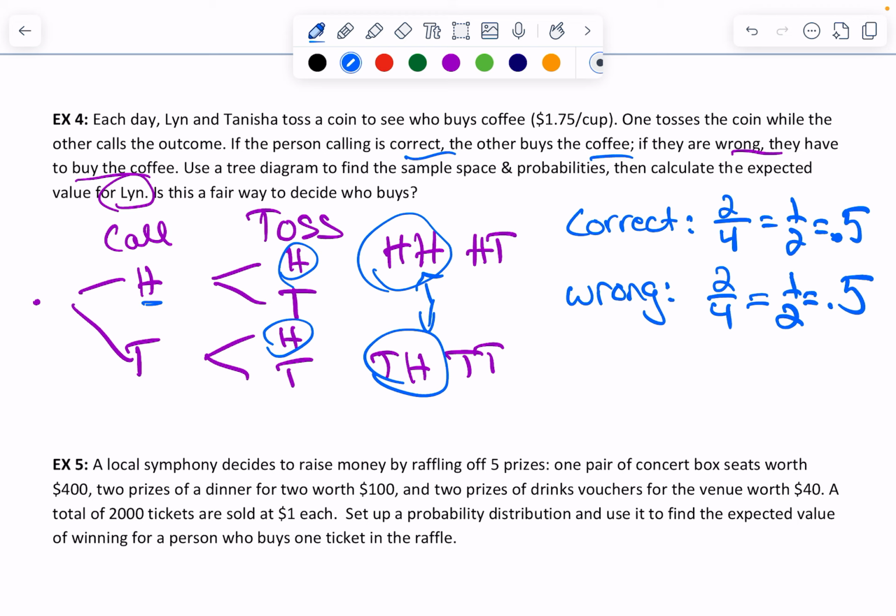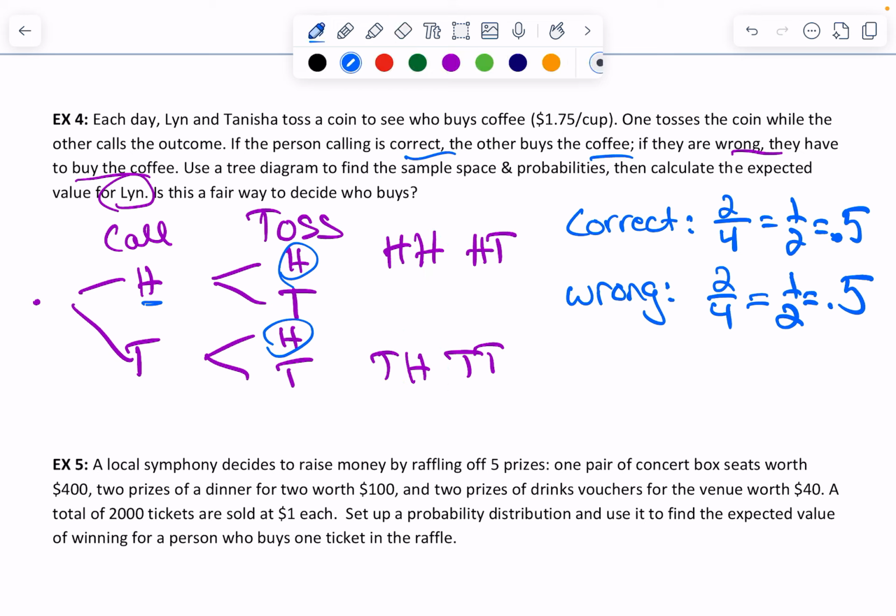So now we're going to look at the expected value. Hold on a second before we look at the expected value. I circled this wrong. That's what I was confused about. Sorry about that.